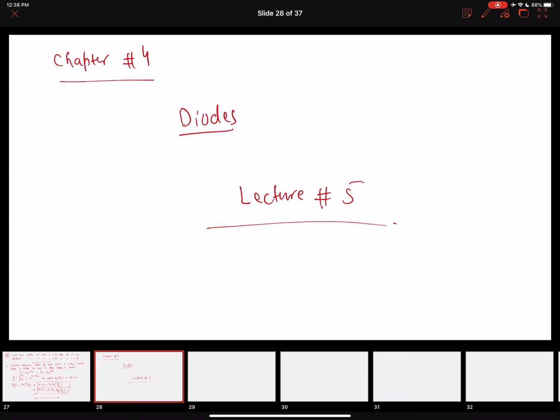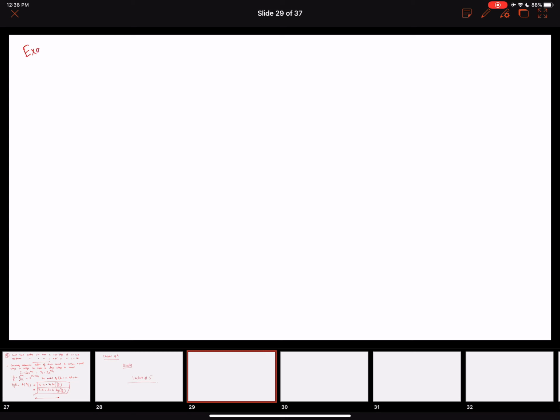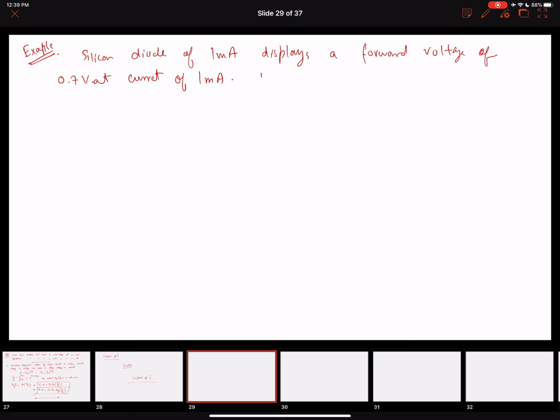All right, so let's start with an example. A silicon diode of 1 milliampere displays a forward voltage of 0.7 volts at a current of 1 milliampere.